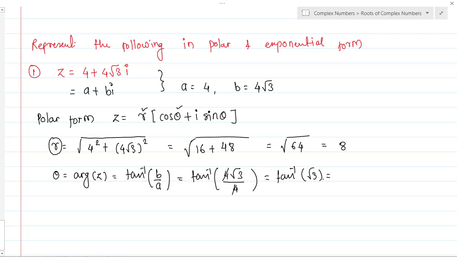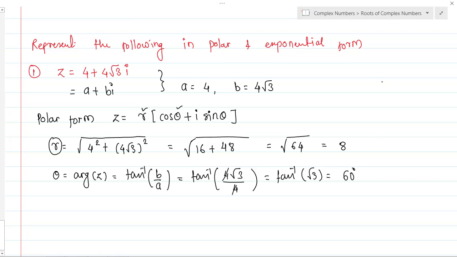For which angle is tan equal to root 3? Tan theta is equal to root 3. So what is theta? 60 degree. Yes, exactly. So tan inverse of root 3 means theta is 60 degree.